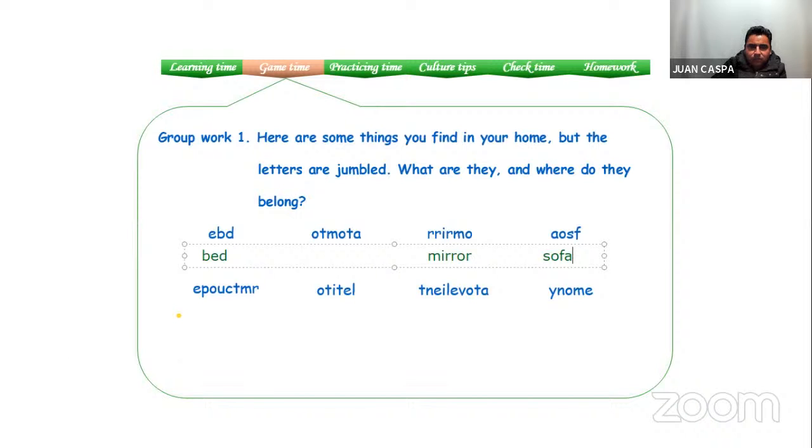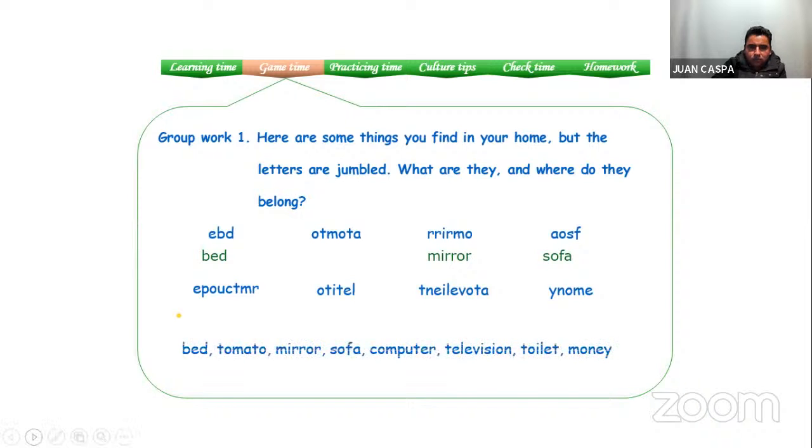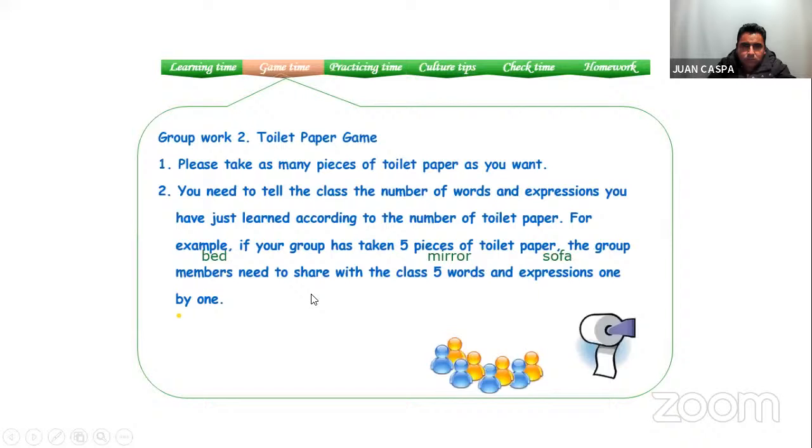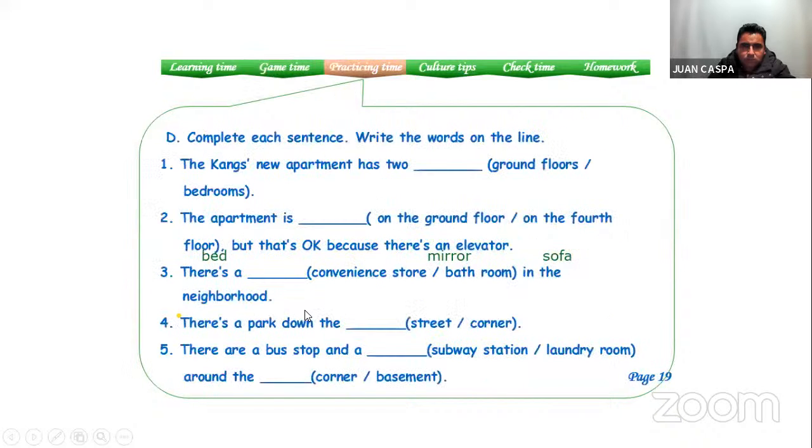Okay, I give up. I don't know what those words are. Ah, tomato, mirror, sofa, computer, television, toilet, money. Okay. Now we have to complete this one, please.